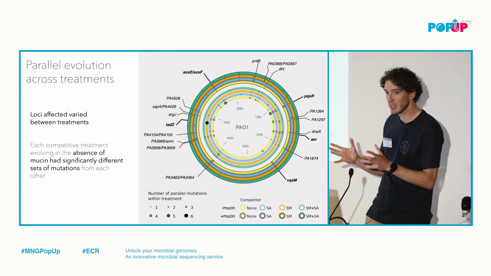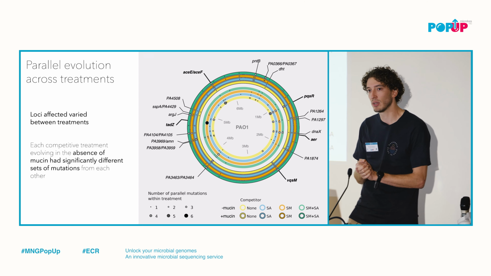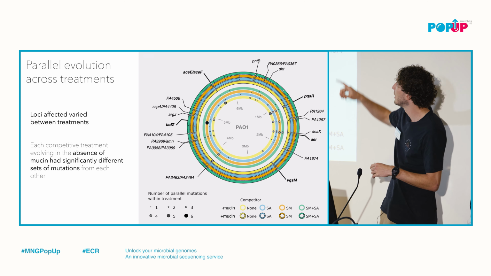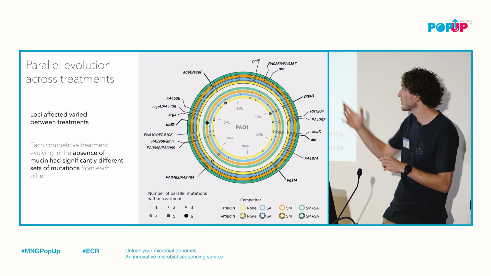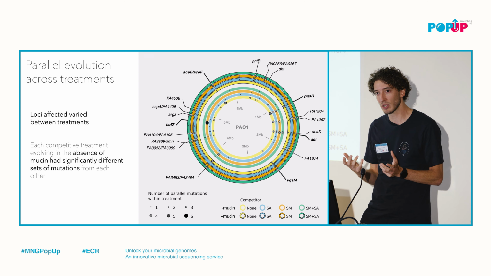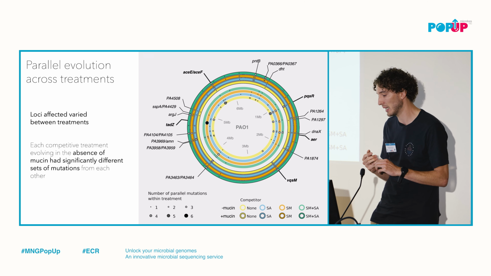And the vast majority of these parallel mutations, which are at high frequency, were in virulence factor production regulators, such as VqsM, PqsR genes, as well as the TadZ adherence genes, and also alginate production as well. So these are mutations which potentially are driving these changes in the virulence factor phenotypes.